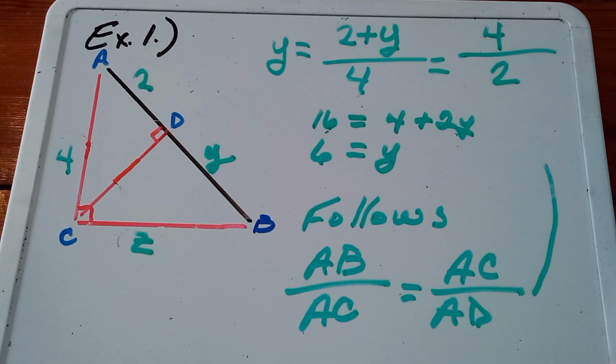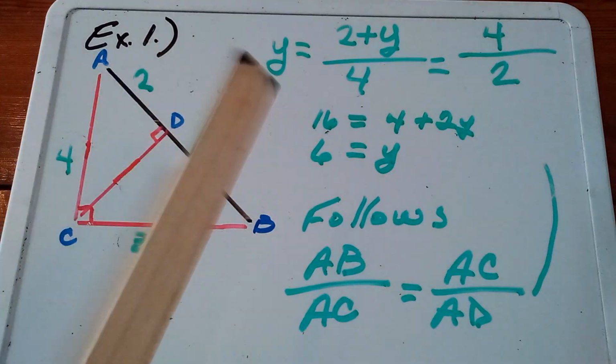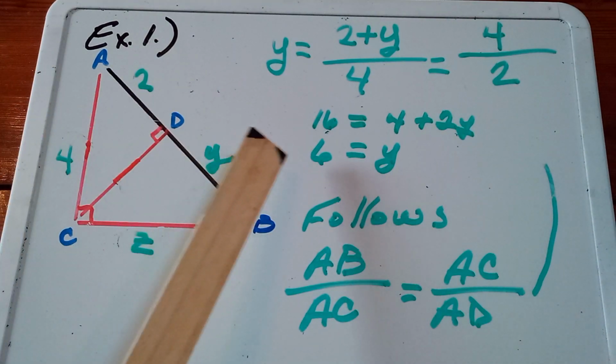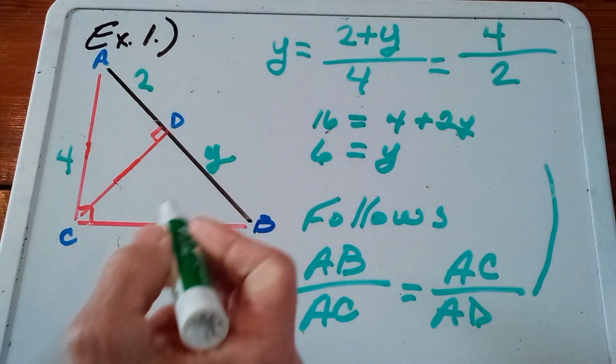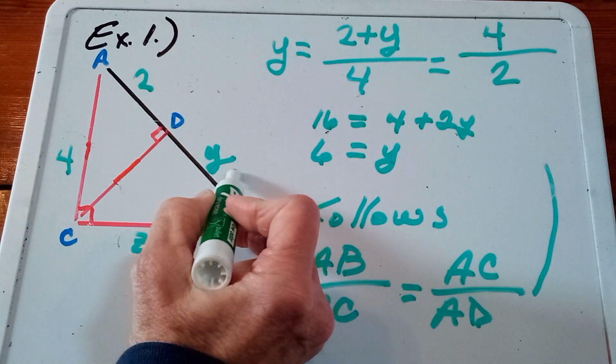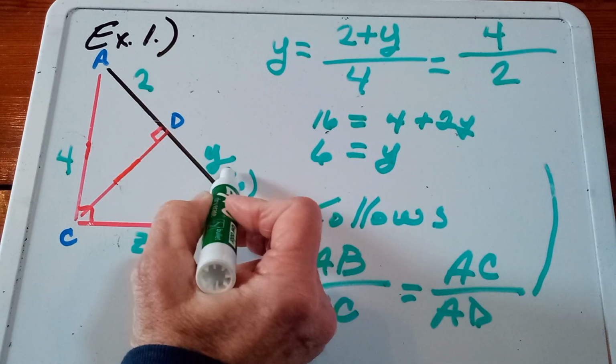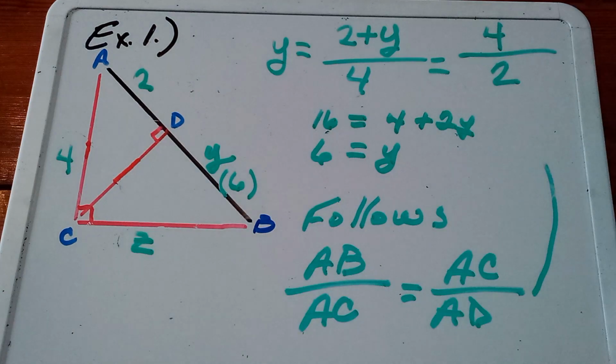Now it's just a matter of cross multiplying, solving for y, and we come up with a value of 6. That is for this leg right here. And if you want to draw that in, that's perfectly fine. We may need it, who knows? So let's just do that. We'll put parentheses around it, indicating that that is a calculated value.